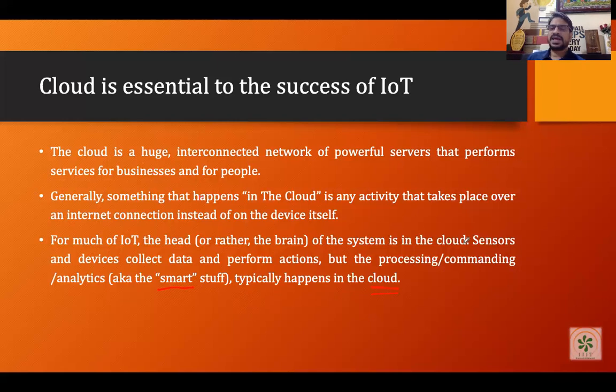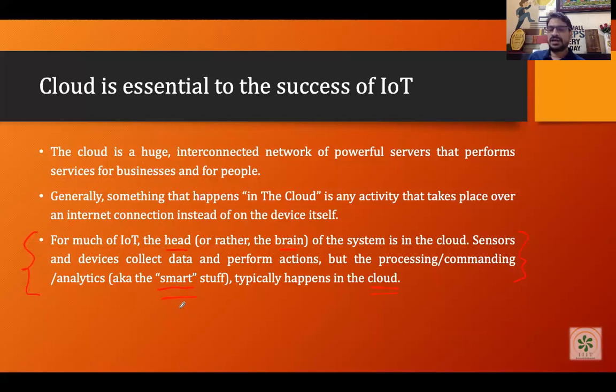So can we say that the cloud is very important for IoT? Seeing that sentence, what do you think? It says the cloud is just like a head, just like a brain, doing the smart thing.